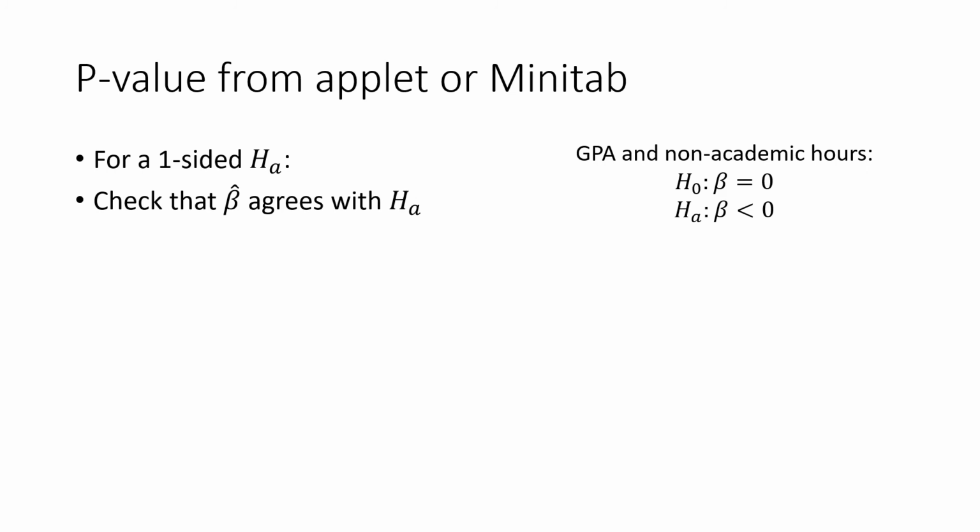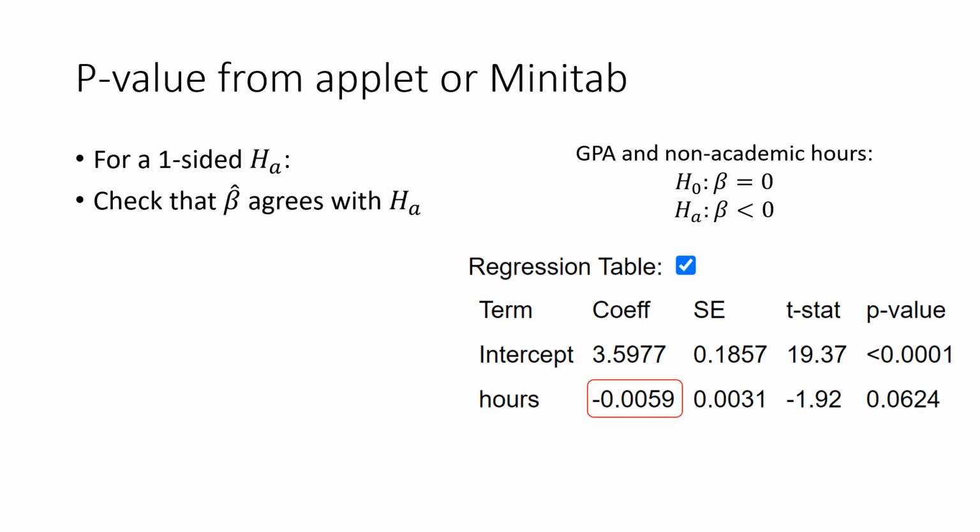So in the example of GPA and non-academic hours, we were testing the alternative hypothesis that there was a negative association between people's GPA and how much time they spent on non-academic activities. In the regression table, we can see that the slope of hours is negative, so that agrees with our alternative hypothesis.